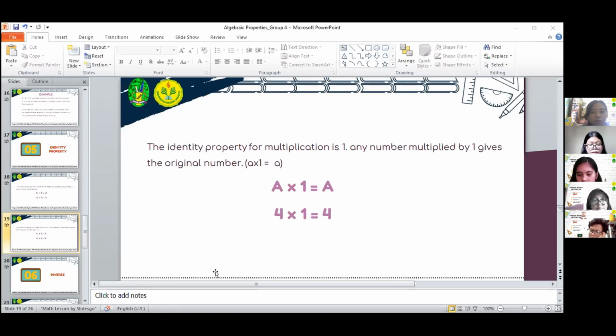Okay, I will try to answer, and the answer is no. The closure property is only for addition and multiplication. For division, that cannot be applied. Okay, thank you, Natalie. Okay, is there any other question, please?